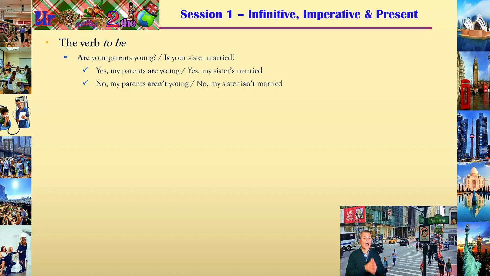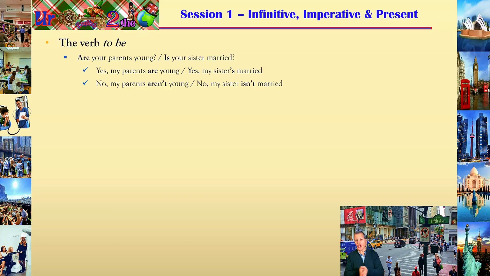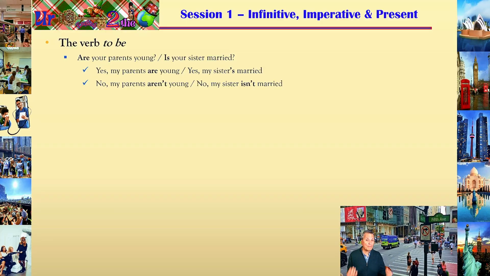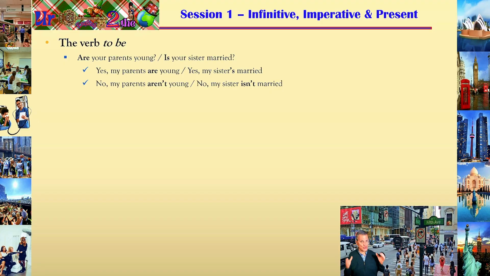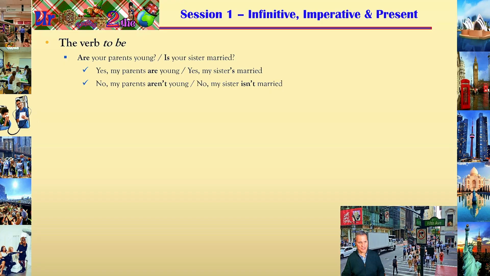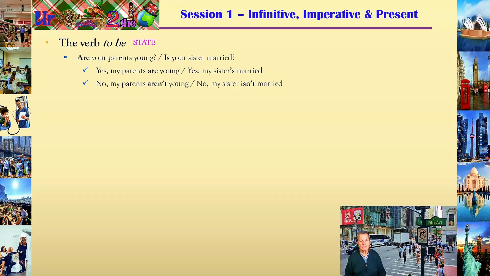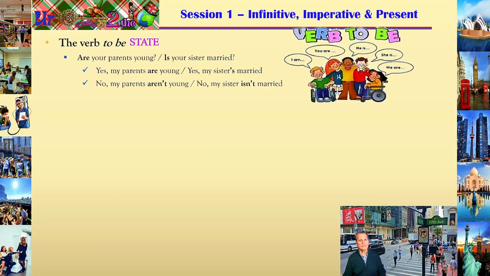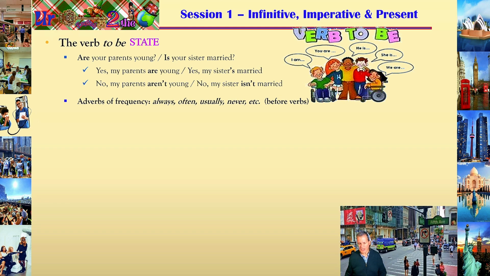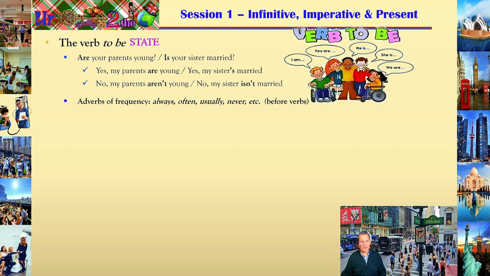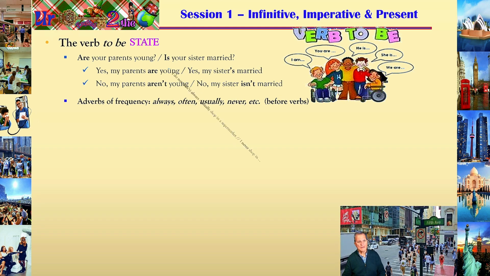You can say are not young, is not married, but I repeat, I insist, we prefer to use contractions, right? Good, so let's continue. Well, this is just to remind you, to reinforce the idea of the verb to be with the different forms.